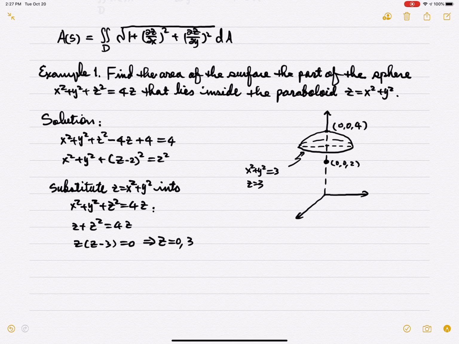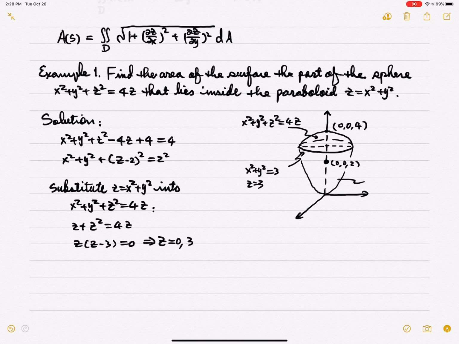Now, if you want to draw the paraboloid, it is like this. So on the top, this is a part of x squared plus y squared plus z squared equal to 4z.